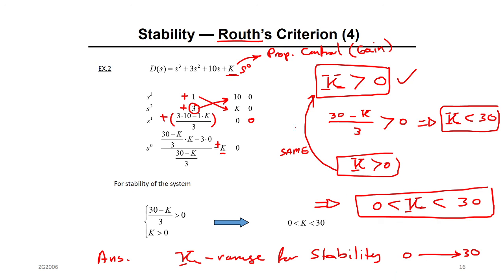That means, again, if this is the characteristic equation of the radio you want to sell, K represents, for example, the amplifier or the volume of the speaker. So what can you tell the client, the feasible range for the volume or the gain or the amplifier? It must be between 0 and 30, right? If you pick the volume between 0, the maximum must be 30, right?